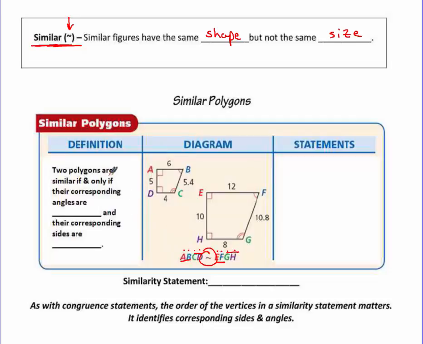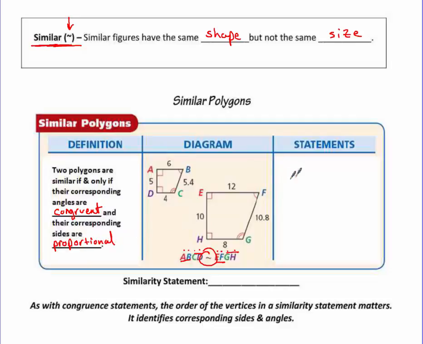So in fact, two polygons are similar if and only if their corresponding angles are congruent and their corresponding sides are proportional.